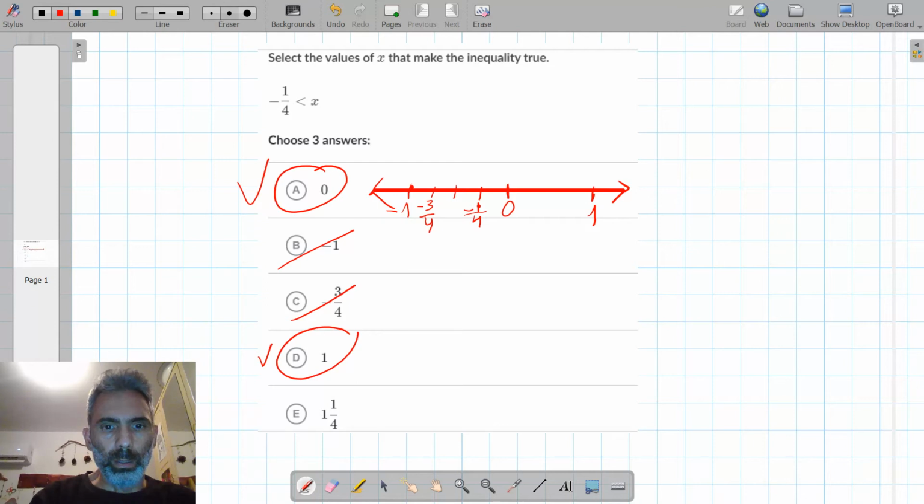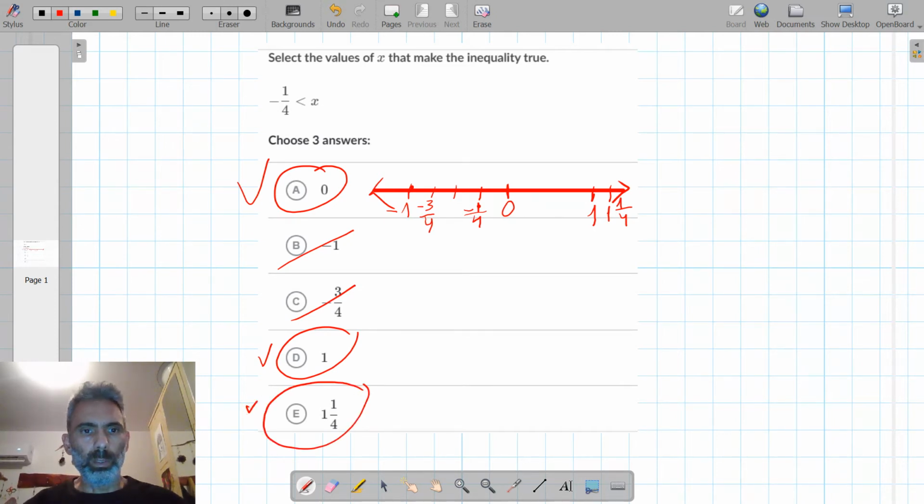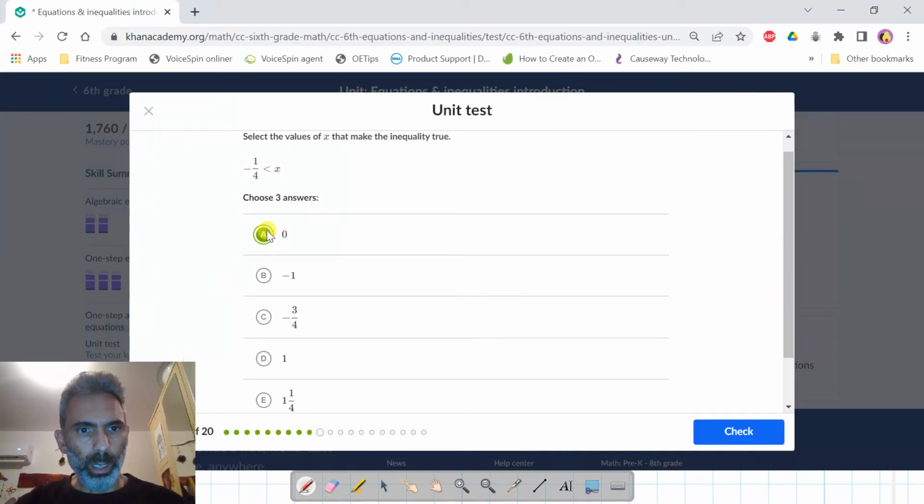And E, 1 and 1/4 is here, so obviously it is further to the right, so minus 1/4 is also less than 1 and 1/4. So A, D, and E are correct.